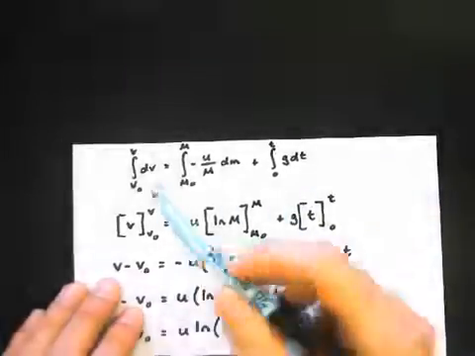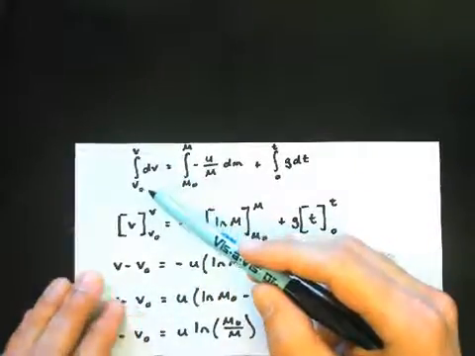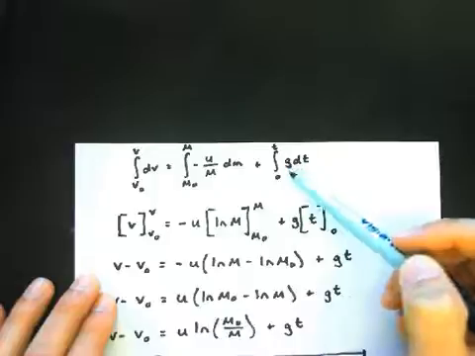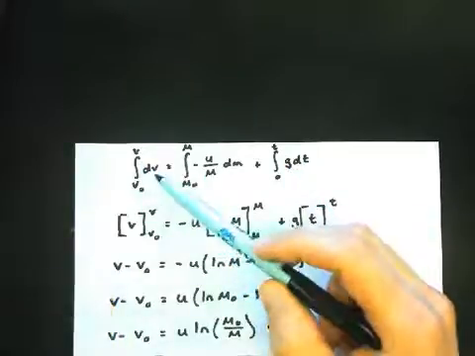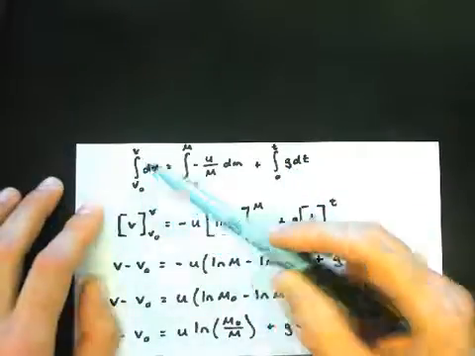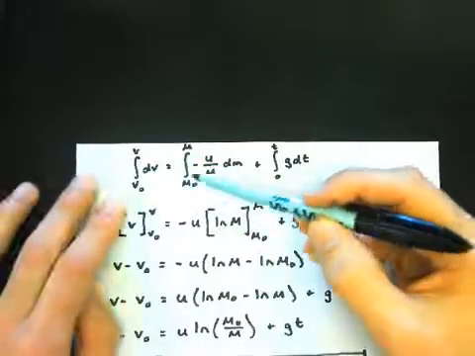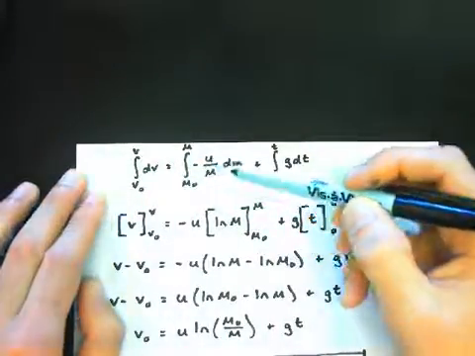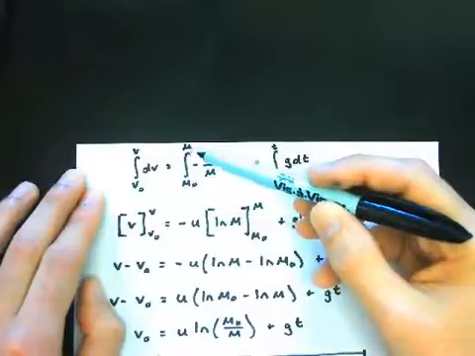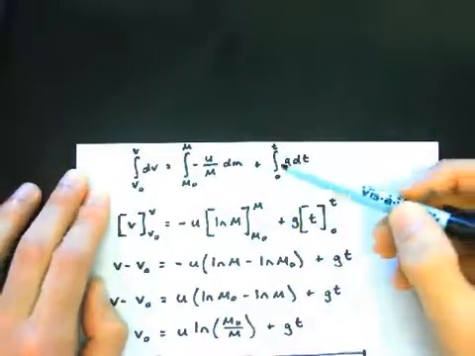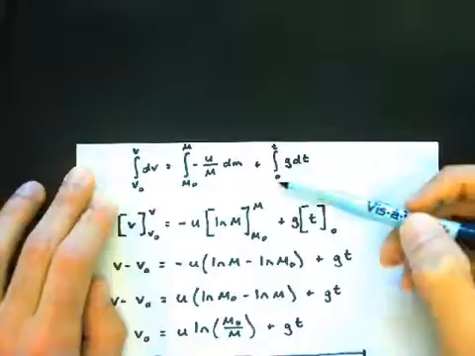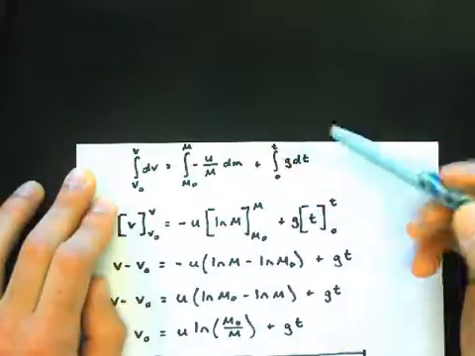So here all I did was rewrite the integral. So we have the integral of dv from v naught to v equals the integral of negative u over m dm from m naught to m, plus the integral of g dt from 0 to t.